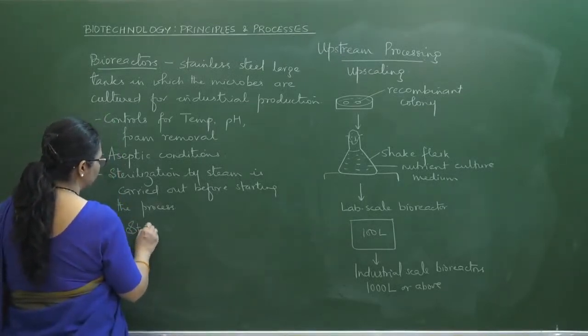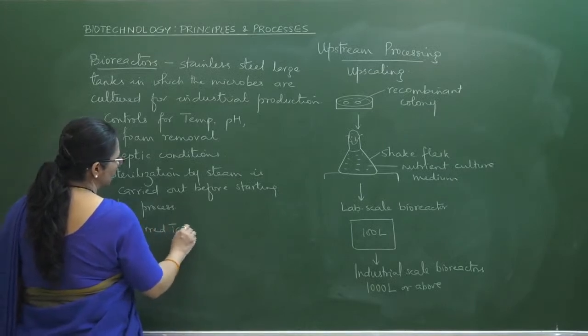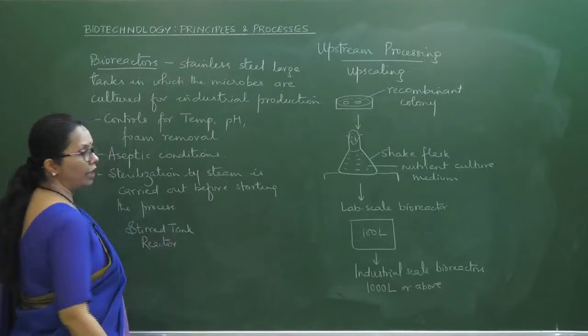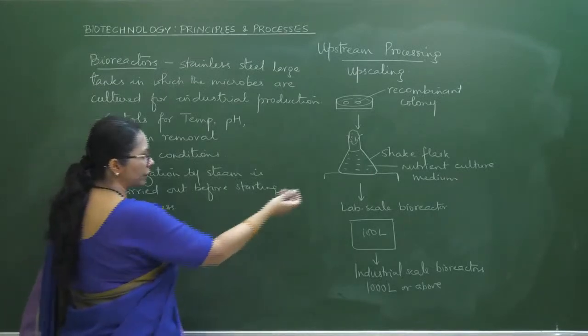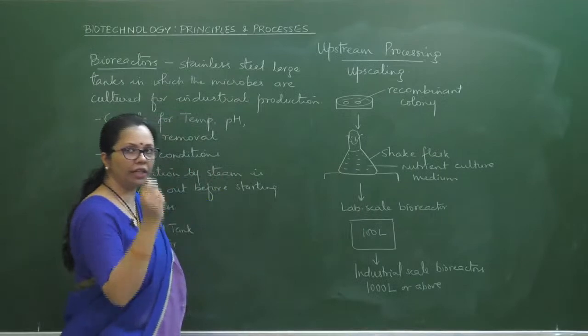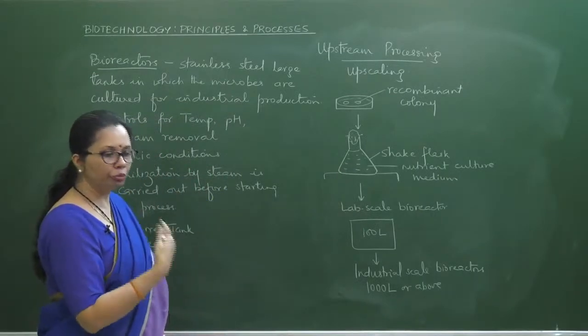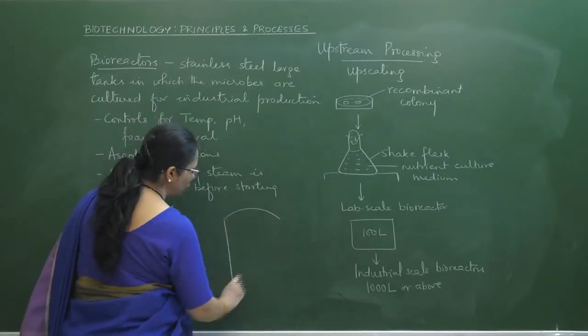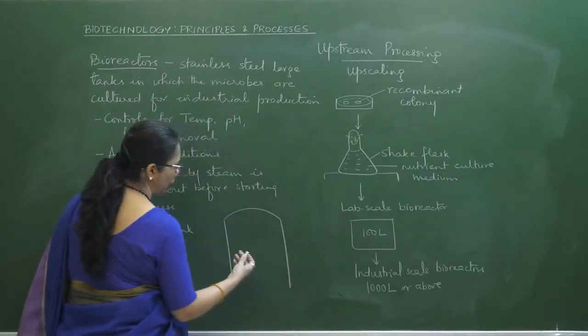and there was a question also, why is that stirrer needed. The purpose is the same which I told you in the shake flask, that is even distribution of the nutrients. So let us draw a very simple form here.